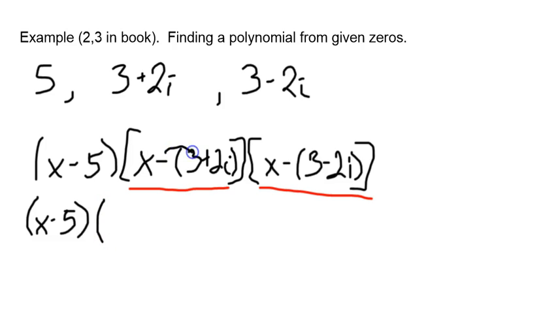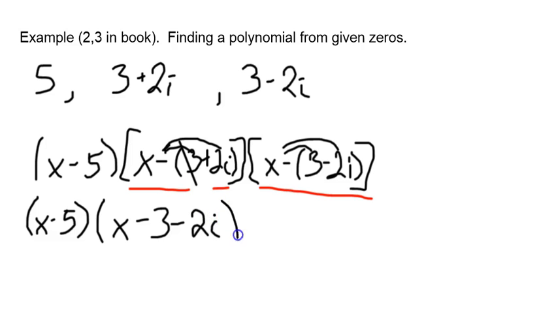I'm going to distribute this negative to each of those terms. So this is going to become x minus 3 minus 2i, and this is going to become x minus 3 plus 2i.